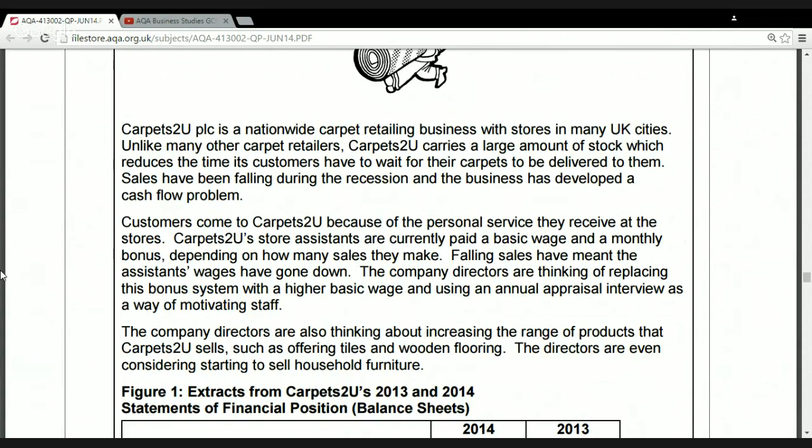So, Carpets to You. Carpets to You PLC is a nationwide carpet retailing business in many UK cities.